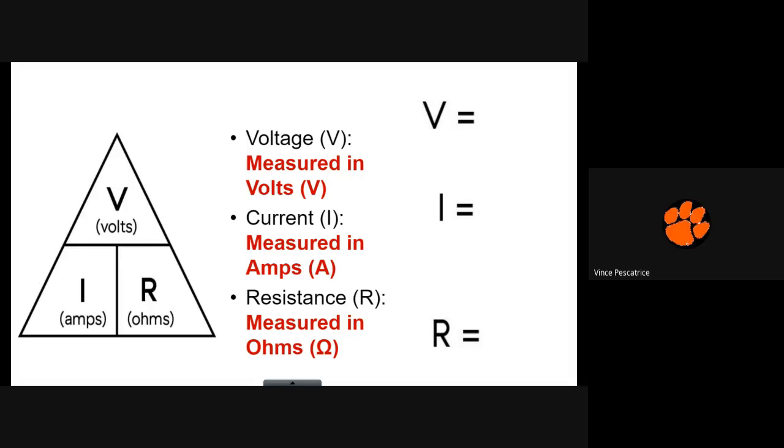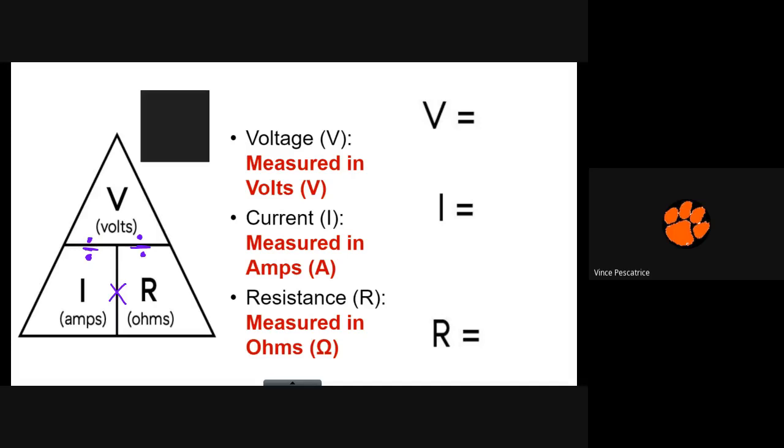So I'm going to make a box here. And I'm going to use that in a second. Whatever you cover up, if you're left with the letters that go up and down on top of each other, you're going to be doing division. If you're left with letters that are going left to right of each other, like I and R, then you're going to be doing multiplication.